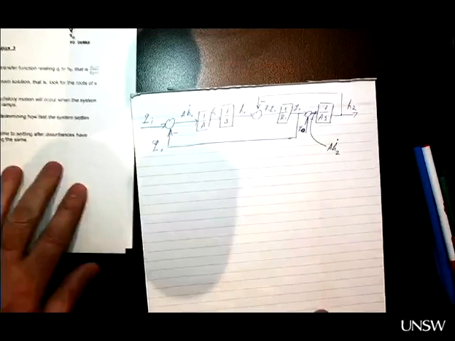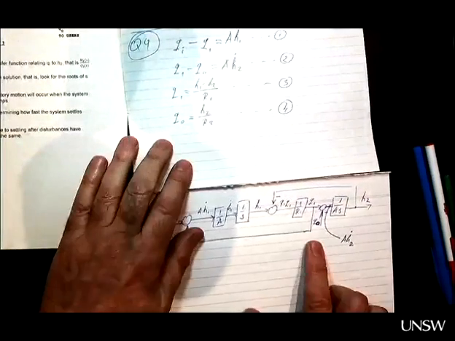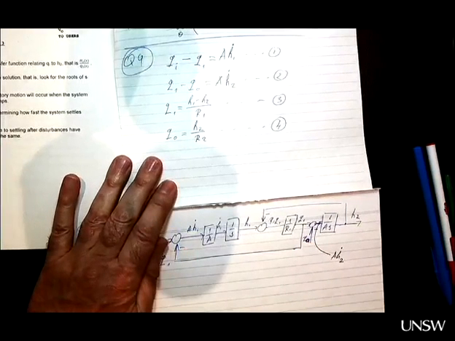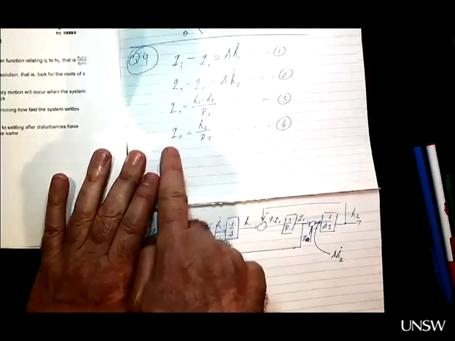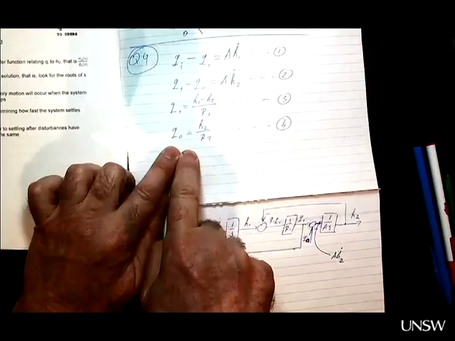Now, where are my equations? My equations are here. So we still have QO to create from somewhere, and there is still equation 4 we haven't used. You see that QO is equal to H2 over R2.